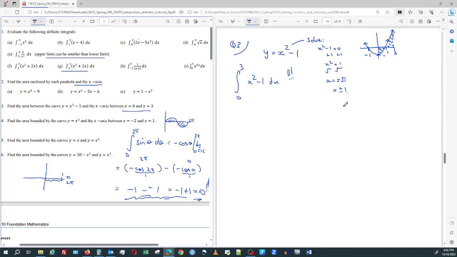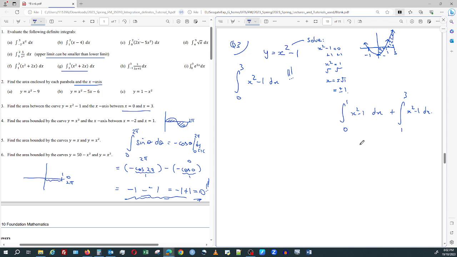That means we need to integrate the function from 0 to 1 as x squared minus 1, and then we need to integrate the function from 1 to 3. Okay, and let's have a look. We will have a look at what happens. All right, we'll do this one at the end just to show you.